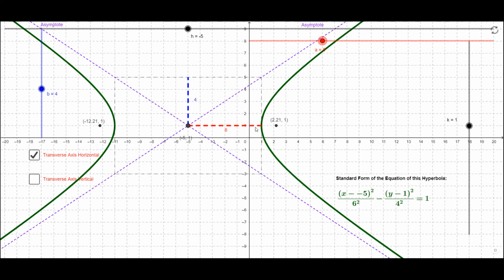So you go from the center, you move 6 units to the left, 6 units to the right to get these 2 points, assuming you found your center first. And then look at the number under y squared, that's 4 squared. So you move up 4 units and down 4 units. Then you could draw a dotted line through those 4 points and a dotted line through each diagonal.